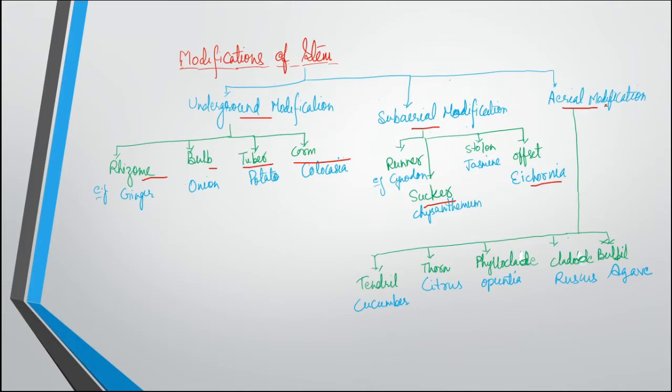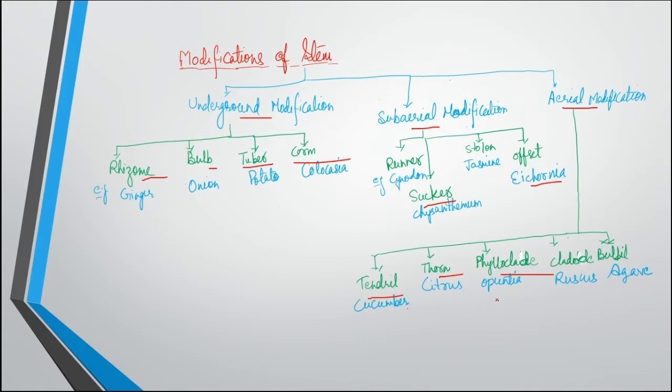Now aerial modifications are also for various purposes like tendril. Tendril is generally found in the cucumber and other plants also, and they help in giving support to the plant. Then the thorns are the other modification found in different plants like citrus, they protect the plant. Then phylloclade and cladode are present in the xerophytic plant.